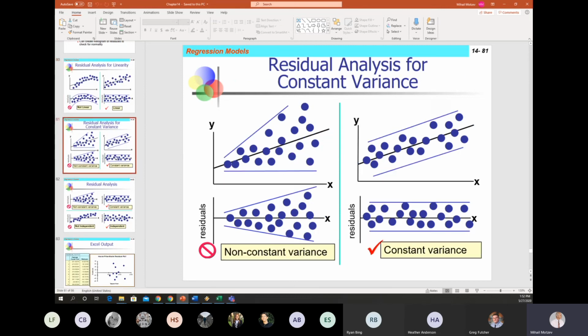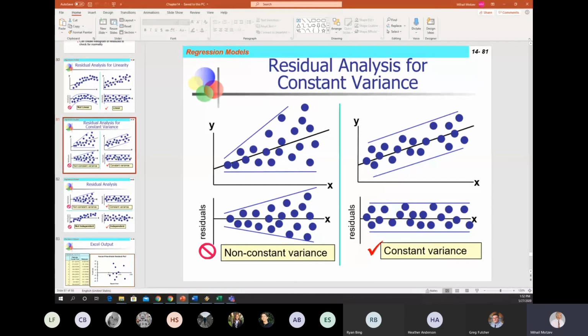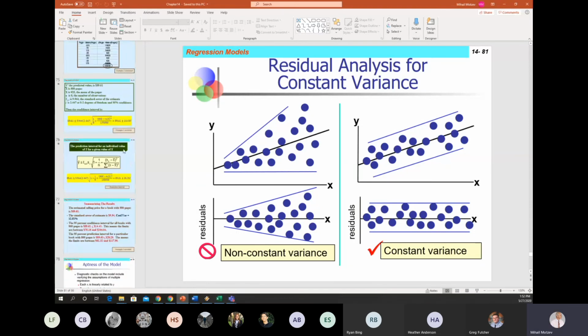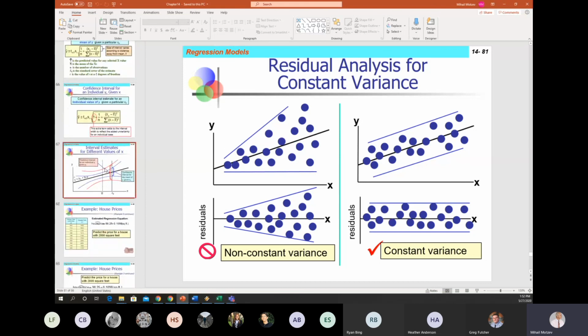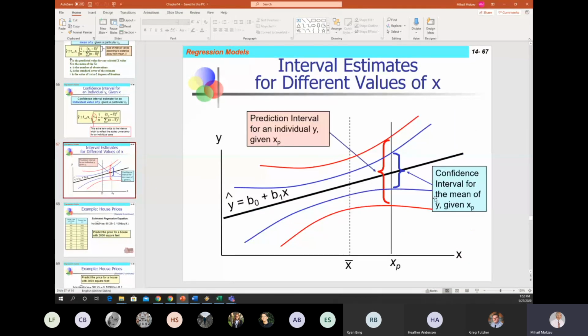What else? Sometimes we look for another very important assumption, which we introduced in analysis of variance: we expect a constant variance in the dependent variable. Here we expect constant variance in the residuals. Otherwise, it means that the larger the X value in the predictions, the larger the variance, which will make the confidence interval, which we'll discuss tomorrow, bigger and bigger.